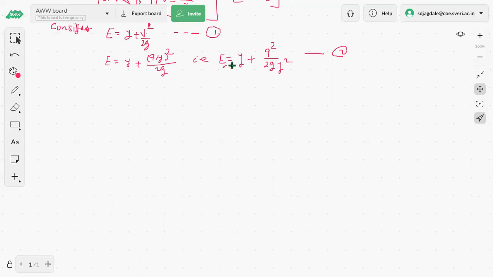So how to plot it? To plot the specific energy curve, we have two methods.